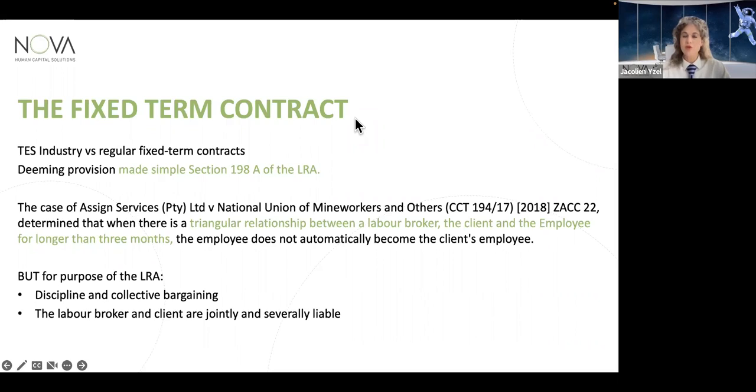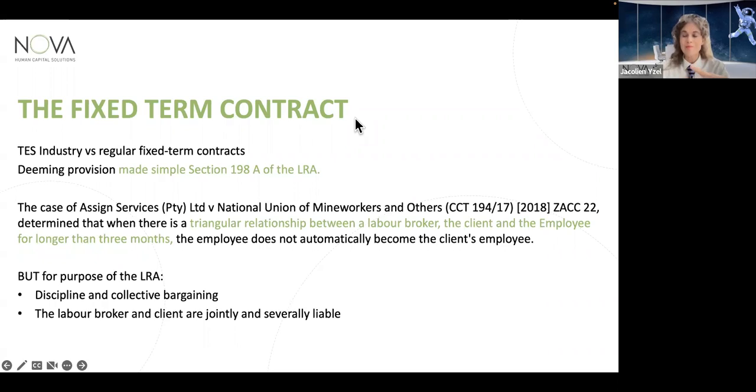So if the union on site starts to count heads for representation, they can count the labor broker's staff in. If there's discipline, the labor broker's staff needs to be disciplined in the same fair manner as the permanent employees. When it comes to remuneration, the labor broker staff cannot be paid less.